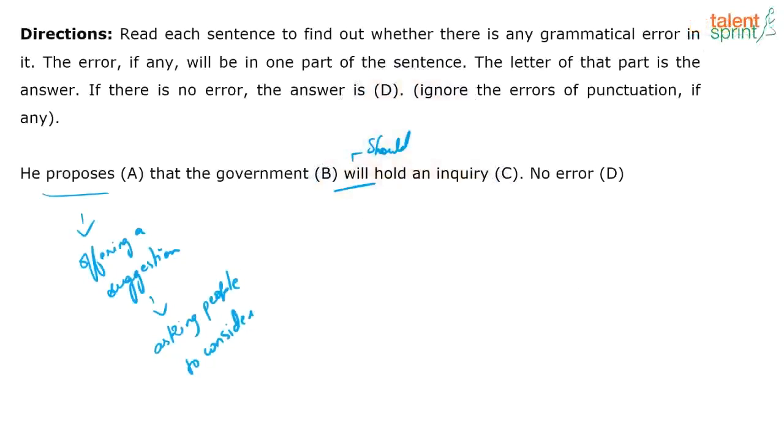So that's the meaning that the context is bringing in, proposes being our clue word. Obviously, I can't have will as a modal. So the error, yes, is in part C, no doubt. You replace will with should, right?